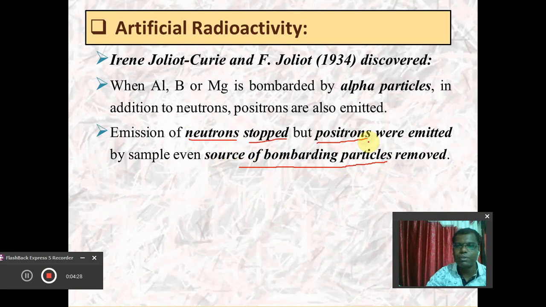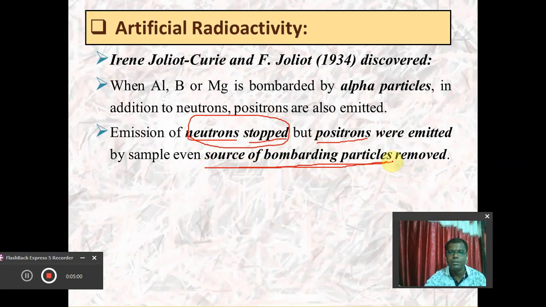What is expected is that whenever we remove the source of the bombarding particle, the projectile, the emission of particles should stop. But here they found that the emission of neutrons stopped with the removal of the source of bombarding particle, but the emission of positrons continued even after the removal of the source of bombarding particle.